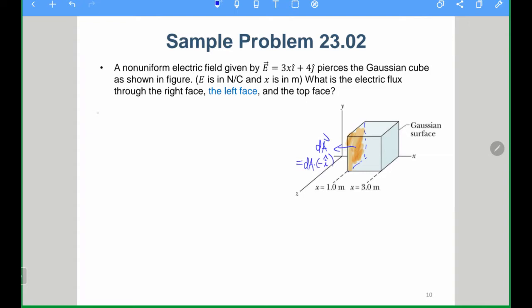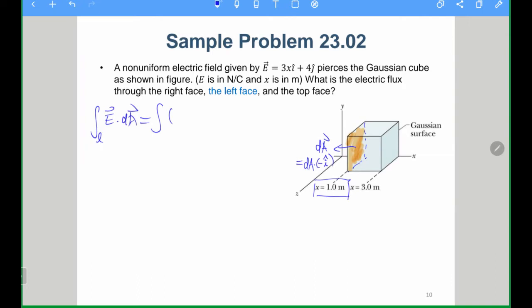Okay, so here we try to determine the integral of E dot dA for the left surface. So here we have the integration of 3x. For the left surface, the only different point is x being 1 rather than 3.